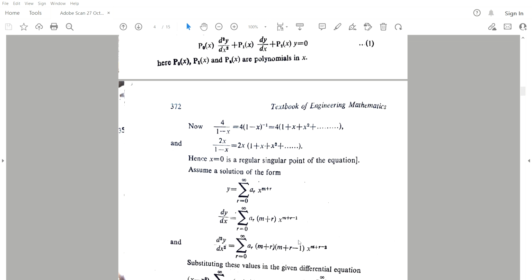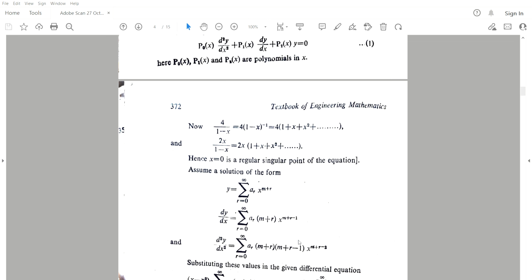This point is called the singular point. If the first coefficient, that means the coefficient of the highest degree of the derivative, is equal to 0 at a point, then the point is defined as the singular point.